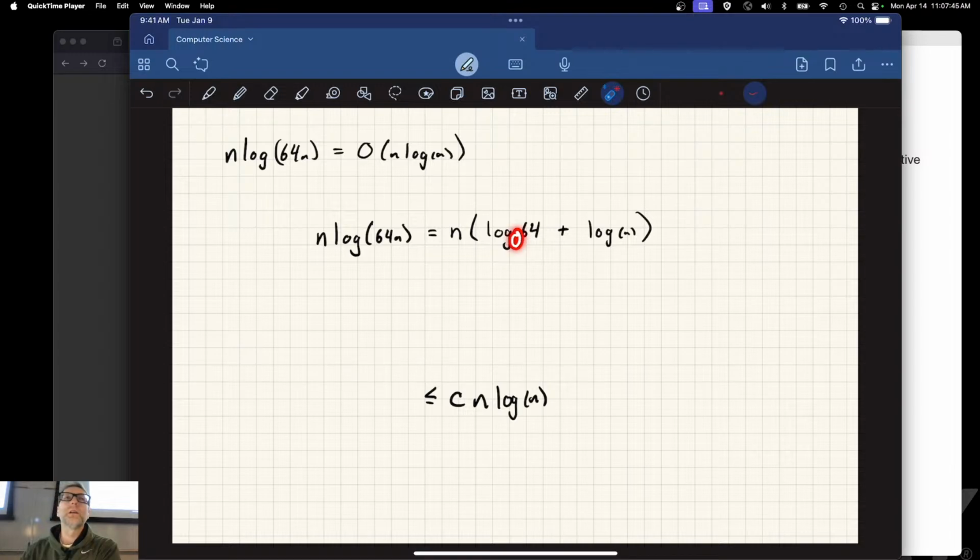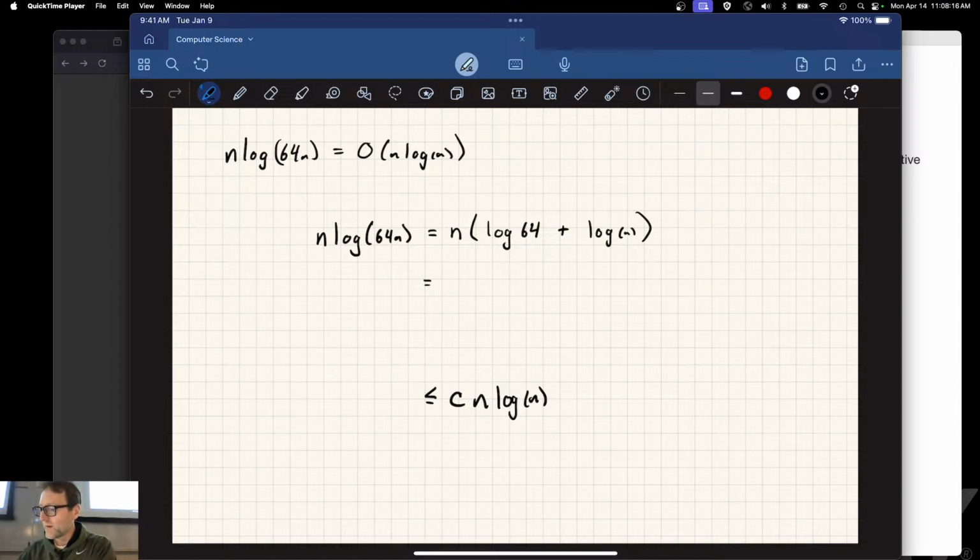Implicitly, what's our base here? 2, right? So what is log base 2 of 64? 8's too much, right? That 8 is 256, isn't it? Maybe I'm wrong. 2 times 2, that gives me 4. 4 times 4 is 16. 16 times 4 is 64, so it's 6, right?